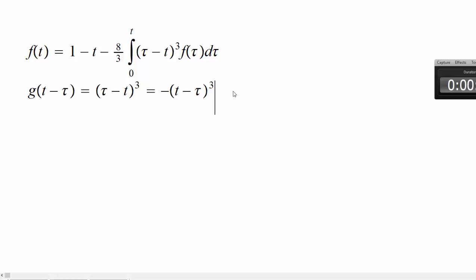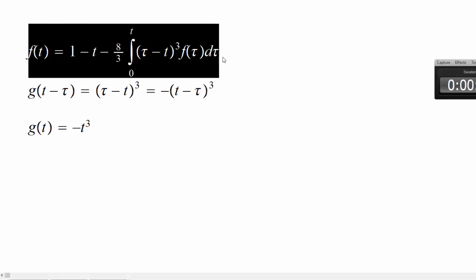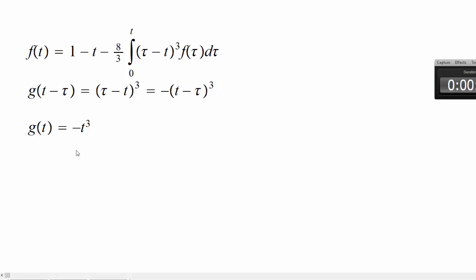That immediately gives us what? Or rather, we can check that g of t is how much? Negative t cubed.